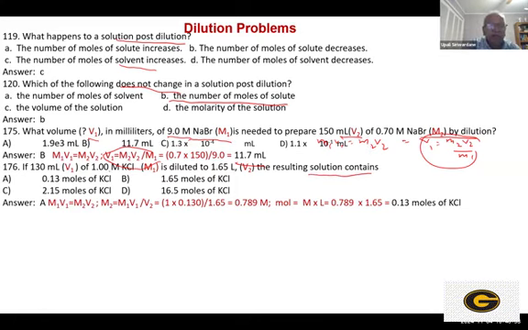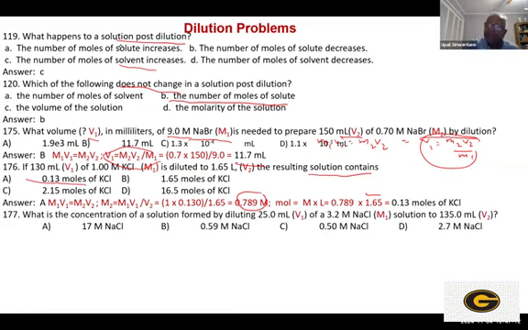Once you get the molarity, this is the molarity of the new solution. Then molarity multiplied by new volume. New volume is this. Therefore, 0.789 multiplied by 1.60, you get the A as the correct answer.